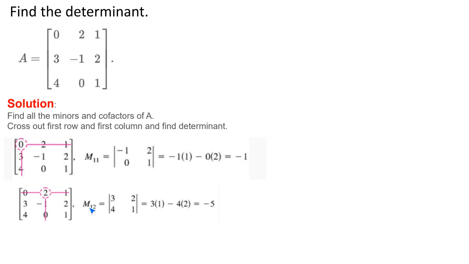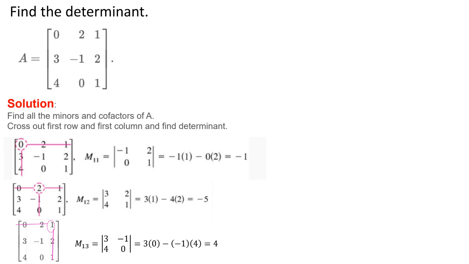I'm calling this M12 because it's the first row, second column. Then I go to the next one with the 1 here. I cross out the row and the column, and I have left the 3 and the -1, the 4 and the 0. If I multiply, I get the 4.